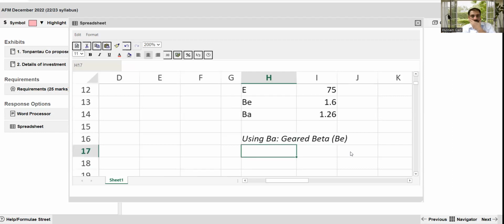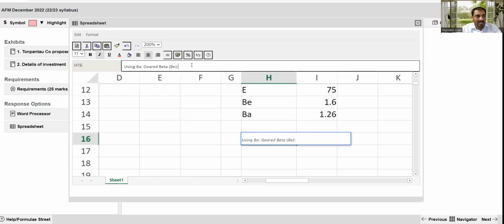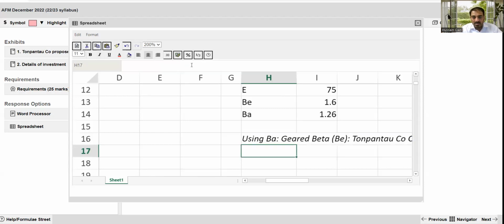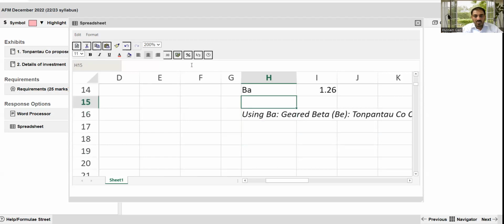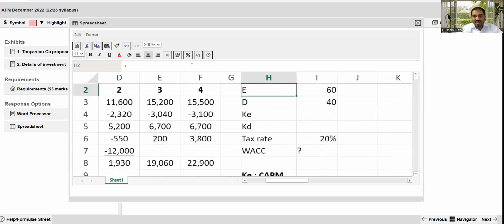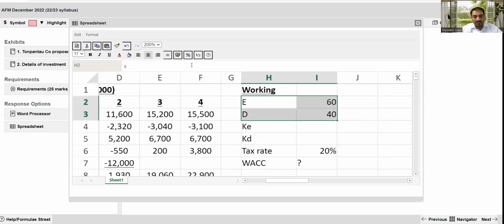Beta equity, and this is with respect to Tonpantau company capital structure. And this is a capital structure, D/E.